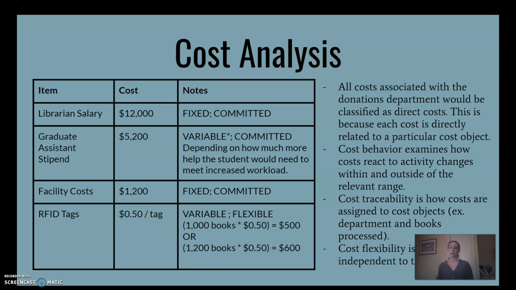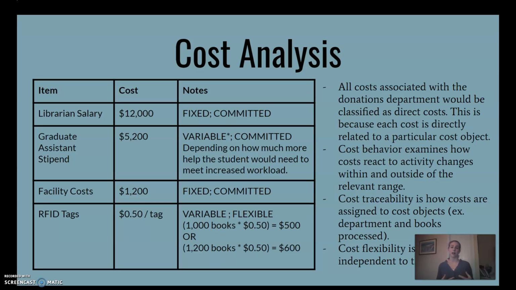This is variable, which means it depends on how much more help the student would need in order to increase workload. So if we need to add another student to help out, this is also a committed cost. Then we have the facility costs of $1,200, which is fixed and also committed. And finally, we have the RFID tags, which again are 50 cents a tag, and this is a variable cost.